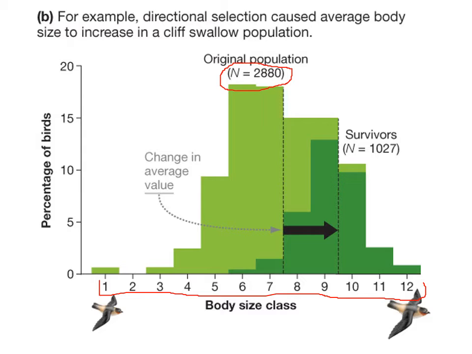In contrast, after a mass mortality event, the survivors, I think it was due to frost, but I could be wrong, had a much smaller range of body sizes, and you can see that the average body size increased in response to that selection event. That's directional selection.